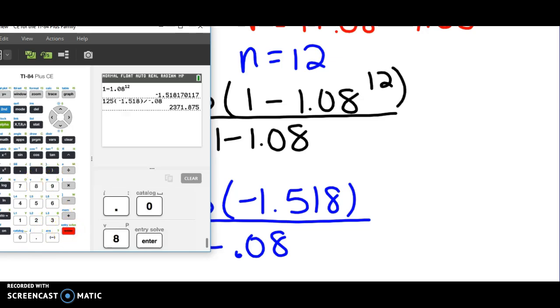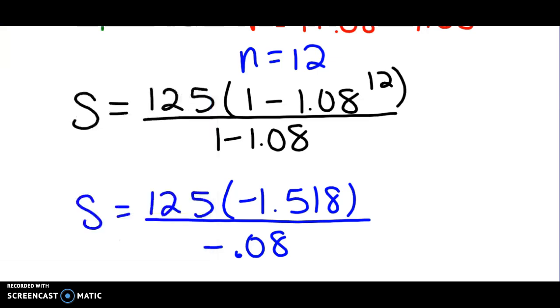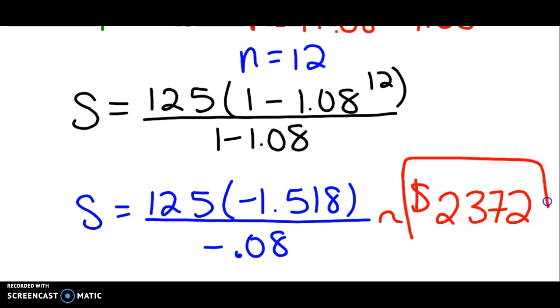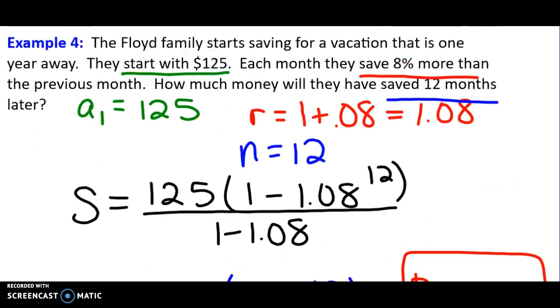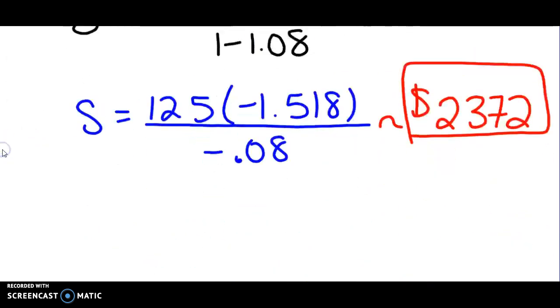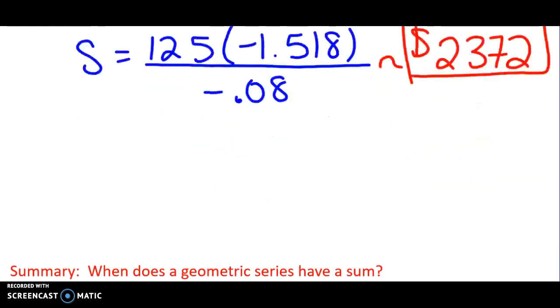And that gives us $2,372. So at the end of 12 months, if they save $125 plus 8% more than the previous month, they're going to have $2,372, and hopefully they can go on a nice vacation.